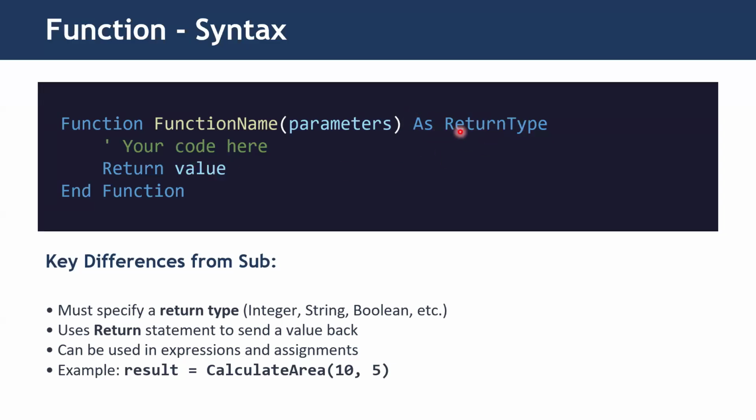That is why you have the As return type over here. You must specify a return type, such as an integer, a string, or a boolean. It uses a return statement to send values back. We have seen that. So if you write function, there will be return. If you write sub, there will be no return.